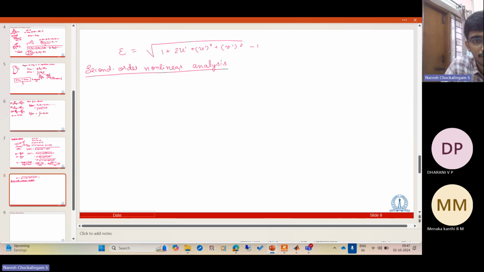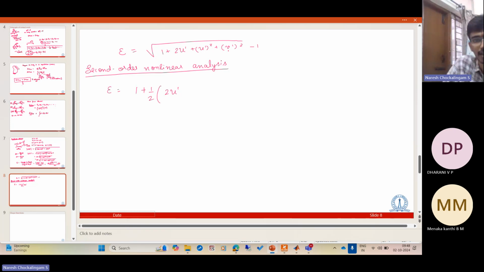In this, we approximate the strain by its quadratic approximation, and terms of order higher than the quadratic degree are ignored. So here, if I use the binomial theorem, I can approximate the strain as 1 plus, the power is half, so half into 2u dash plus u dash square plus v dash square. This is supposed to be less than 1. Obviously, this will be less than 1.